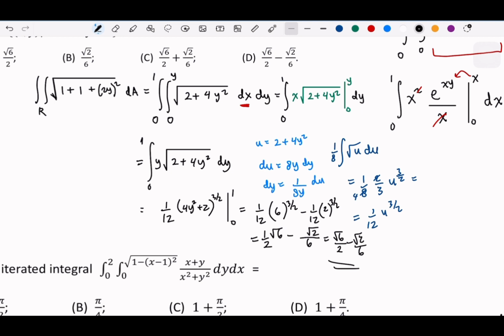I hope you get the idea. This is just substitution for this. We get the result here, and I change this u back to this, so we have this. And then plug in the number.